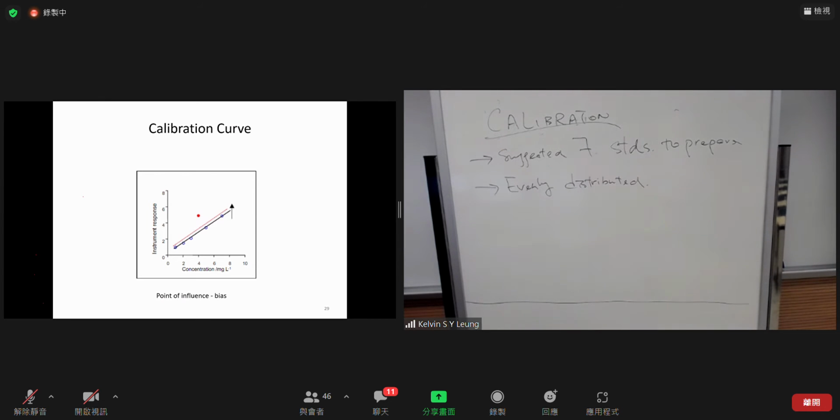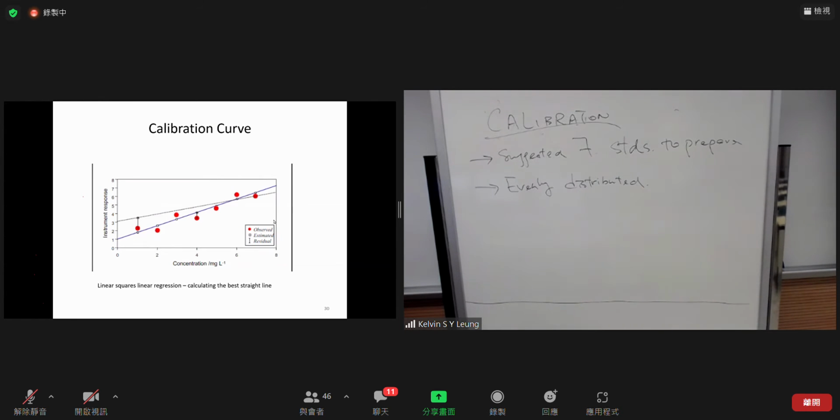So you have to interpret or analyze your curve once your data is obtained. So in here, the red point is the observed, that is the experimental data that you have, okay? And the blue line is, by using Excel, you will plot the curve, okay?